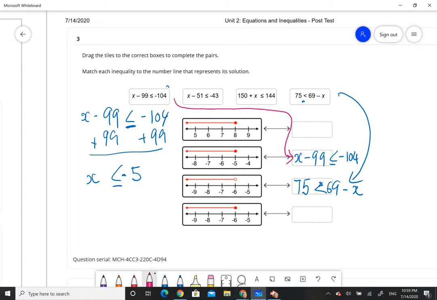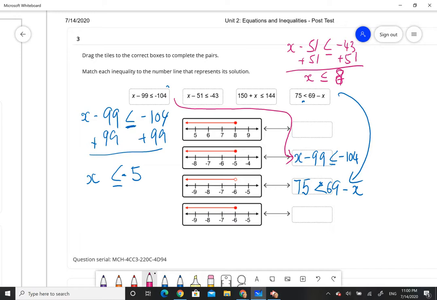How about this one? You have x minus 51 less than or equal to negative 43. So you need to add 51 to both sides to solve it. So x is less than or equal to 7, right? It's like 51 minus 43, which is not 7, sorry, 8, but then it's positive because 51 is positive.